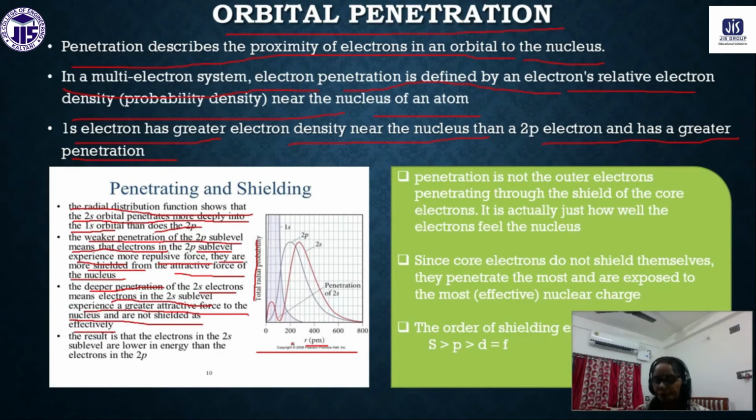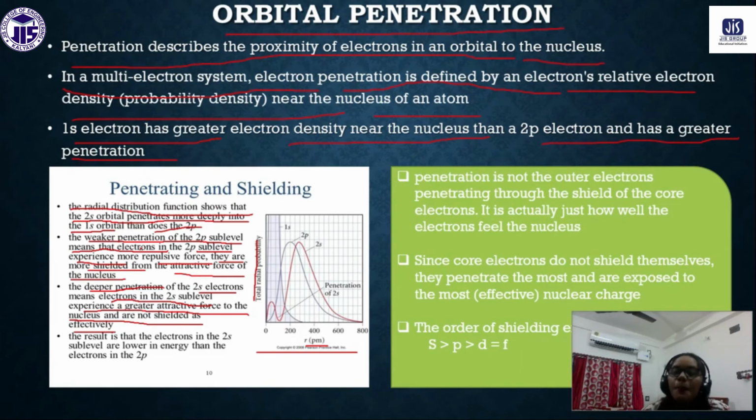Now look, what will happen if for this orbital we have less penetration power, less orbital penetration power? That means that orbital is less interacting with the nucleus.